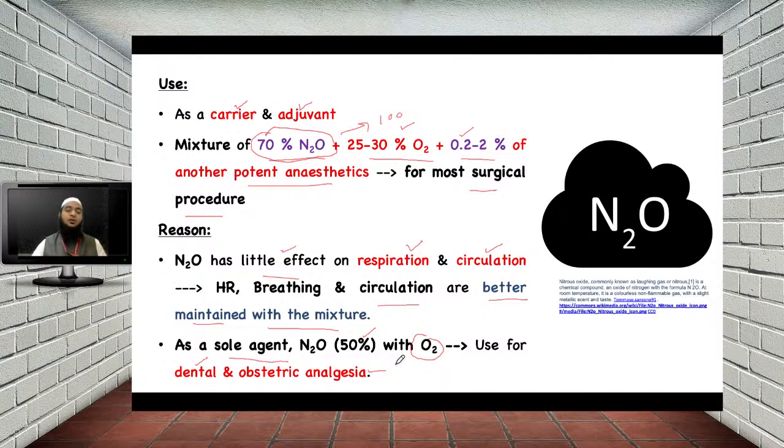You can use nitric oxide because just a few incisions are required for delivery of the baby. So it can be used for obstetric analgesia as a sole agent, but for major surgery you always use nitric oxide as a mixture. You do not use it as a sole agent.